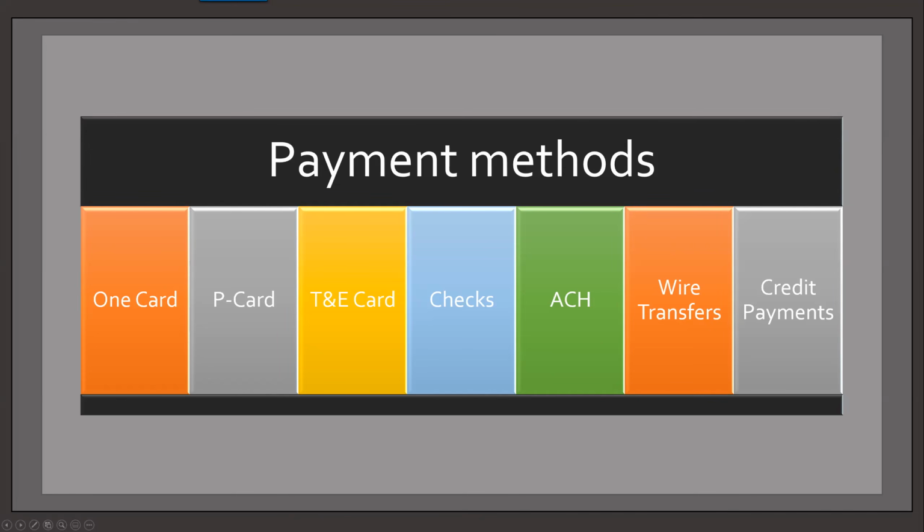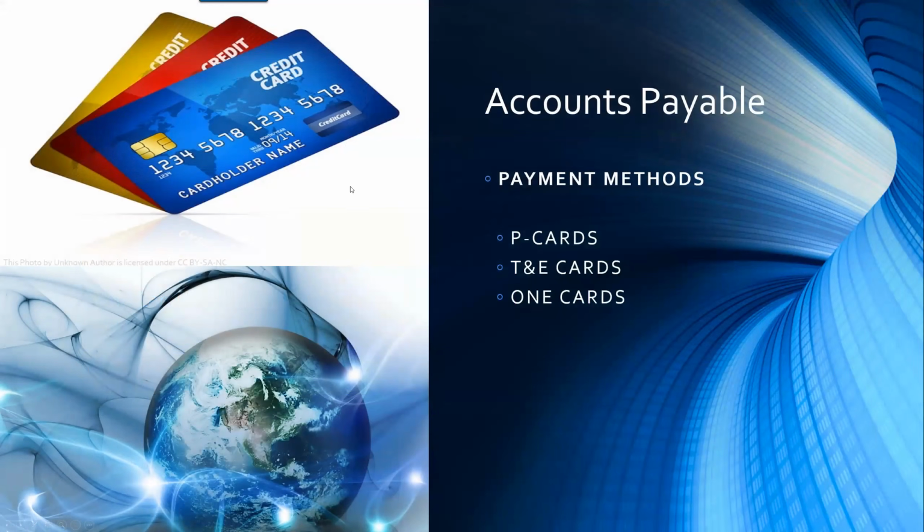And if we start looking at where this all begins, we have a few methods that I've grouped together, and then you've got the T&E cards, which are most often used for travel.